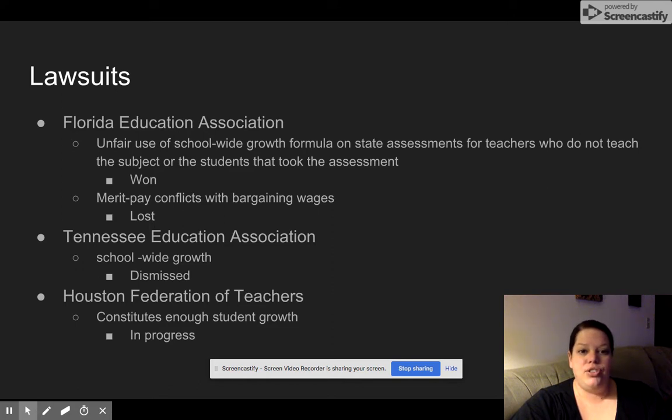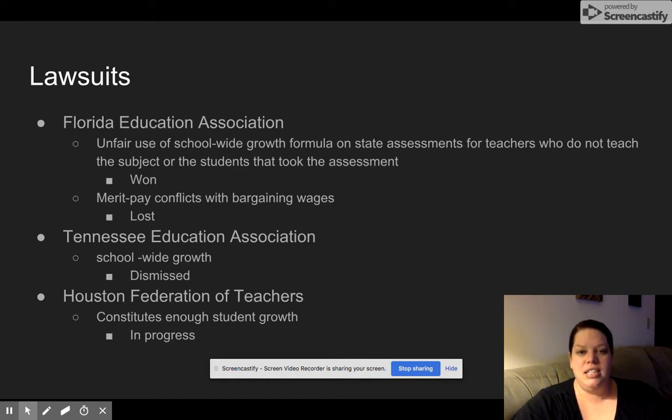The Tennessee Education Association also looked at school-wide growth and said it was unfair to use that with all teachers, and that case was dismissed. And then there was another example of the Houston Federation of Teachers, and they said there wasn't enough language to constitute what student growth was, and that one is currently in progress.